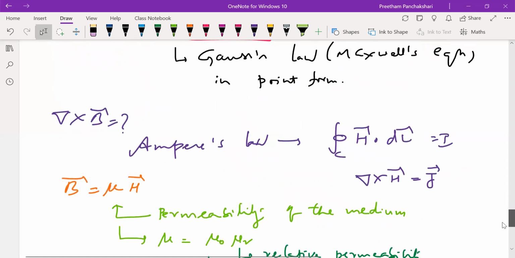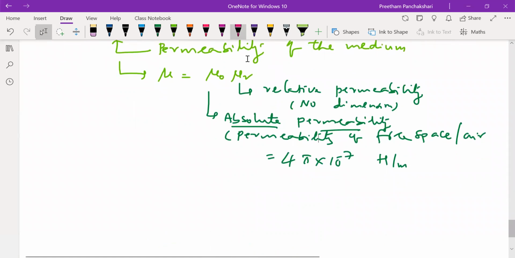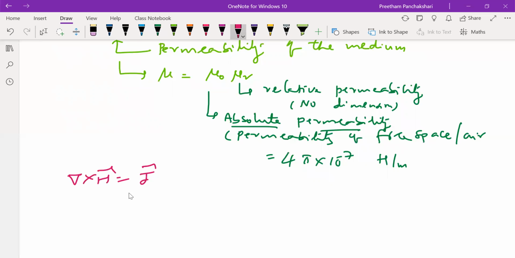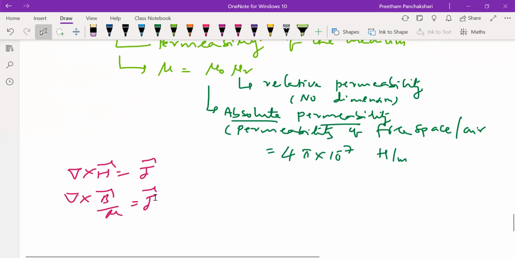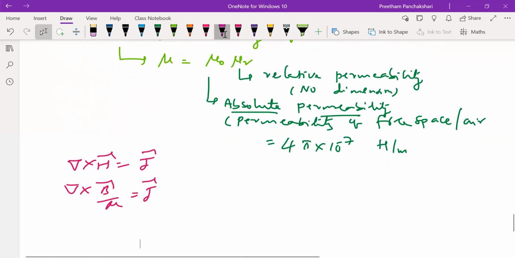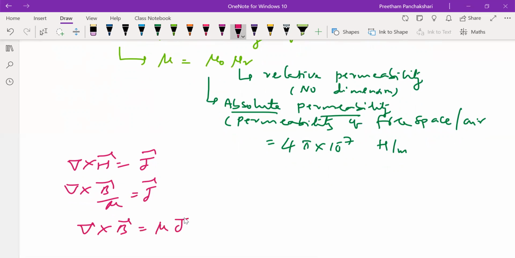Since B and H are related by this, we can write Ampere's law in terms of B. In place of H, we can write B by mu, that is equal to J. Taking mu to the right side, we get the curl of magnetic flux density, that is mu into J. So this is the curl, correct?